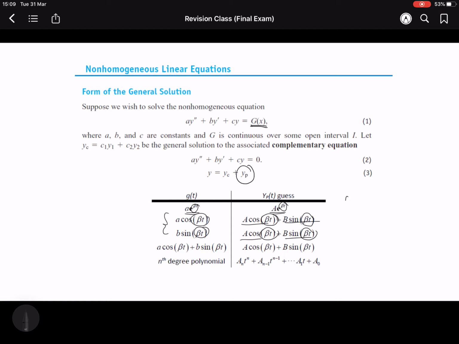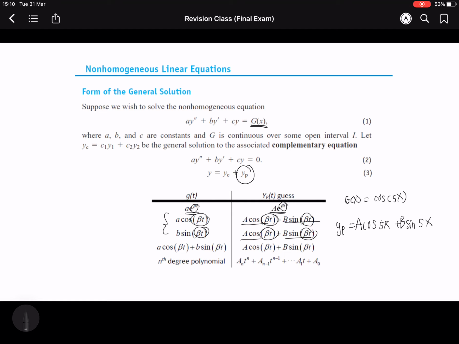For example, if your gx is equivalent to cosine of 5x, therefore your yp should be cosine of 5x plus sine of 5x, right? And also you need to have the constants A and B in combination with sine and cosine, right?